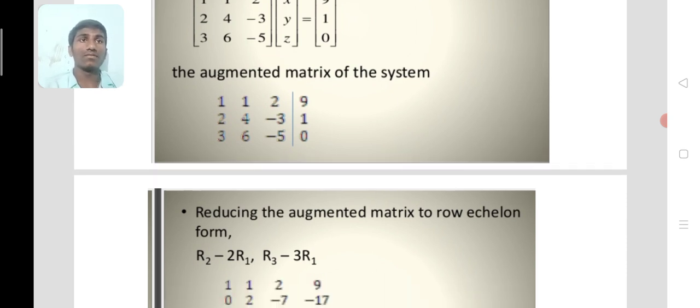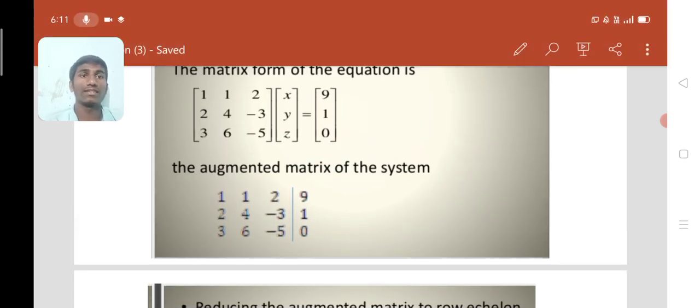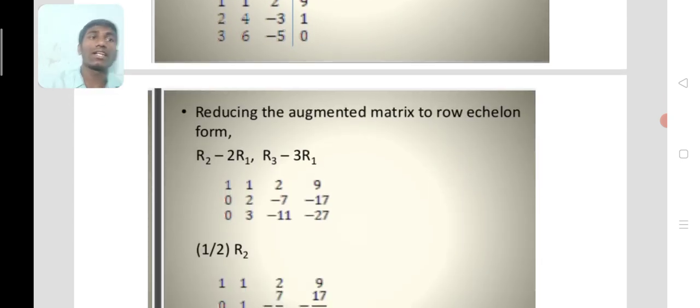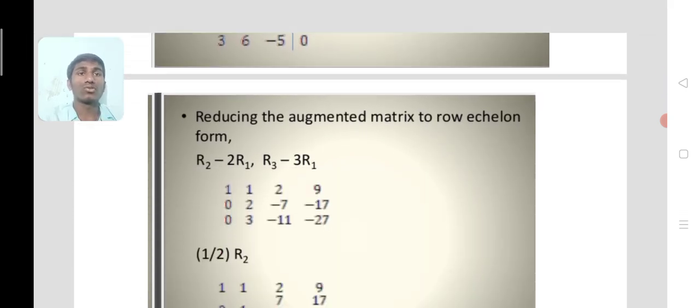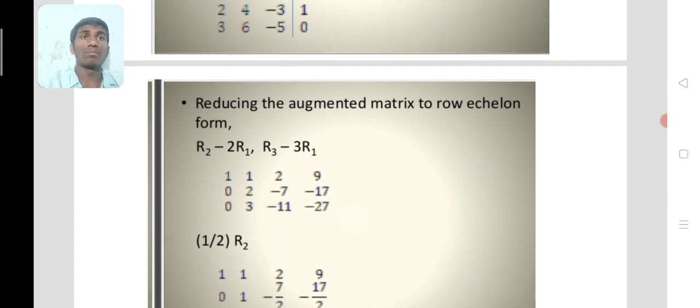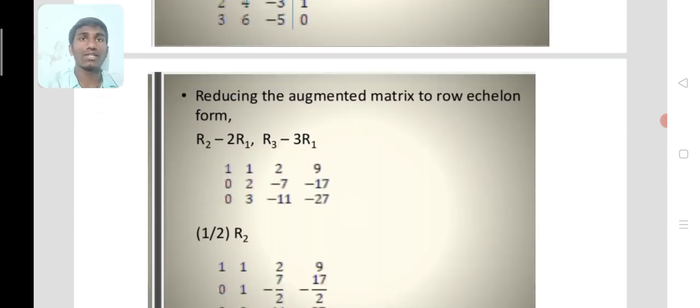So we write the augmented matrix with rows 1 1 2, 2 4 minus 3, 3 6 minus 5 and the constants 9 1 0. Reducing the augmented matrix, we have to reduce it to an upper triangular matrix, which includes the following steps. Let us see the steps converting the above matrix into an upper triangular matrix.